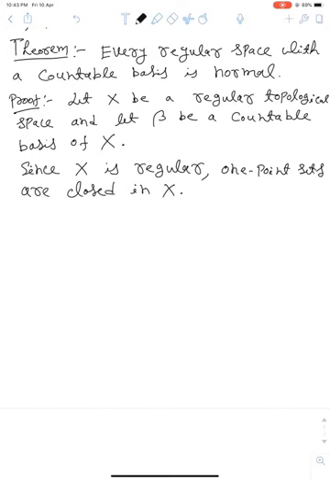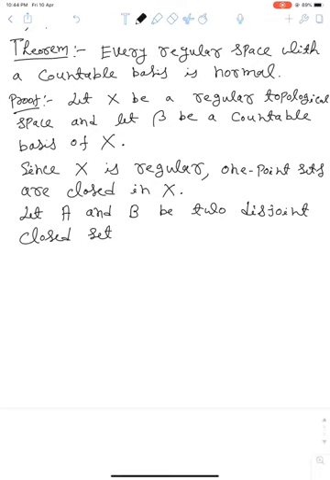So for that, let A and B be two disjoint closed sets in X, right?